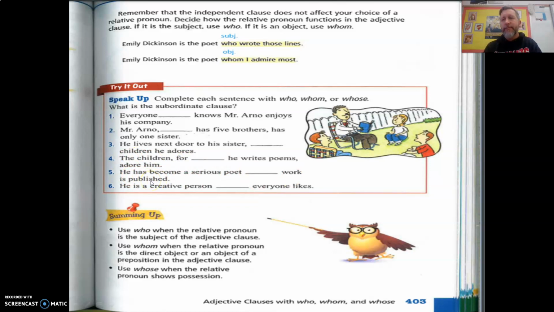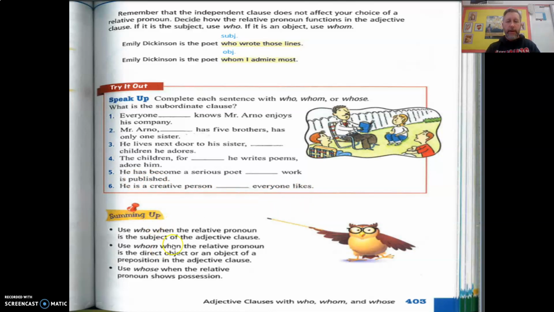We didn't do the whose test first. That's my bad. Number 6. He is a creative person. Blank everyone likes. So everyone would be a subject, likes would be a predicate. So guess what we're putting here? We already have a subject, we don't need another one. So whom. He is a creative person whom everyone likes.